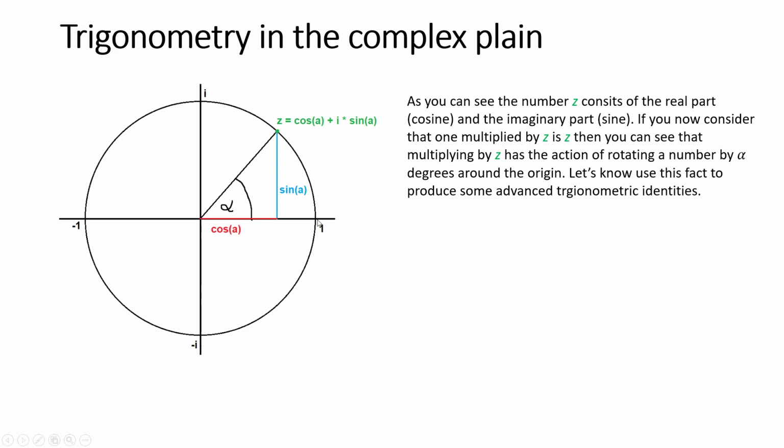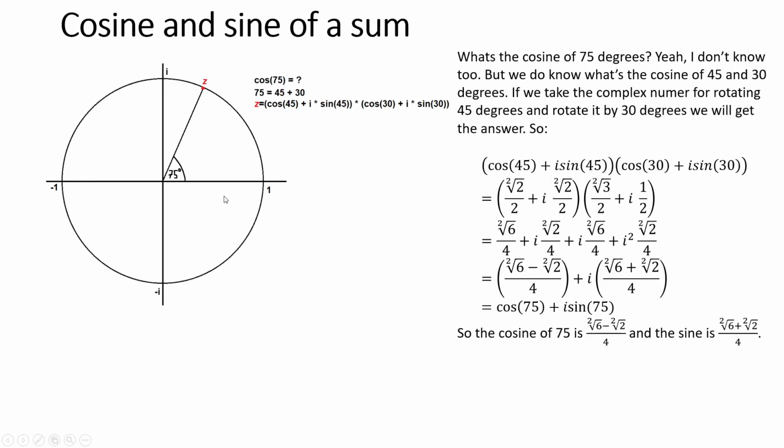So if you remember, the multiplication by the number z here rotates 1 by an angle alpha, but since we proved in the last example that the rotation is constant no matter what the number is, then every number multiplied by z is rotated by alpha. So now let's use this to our advantage.